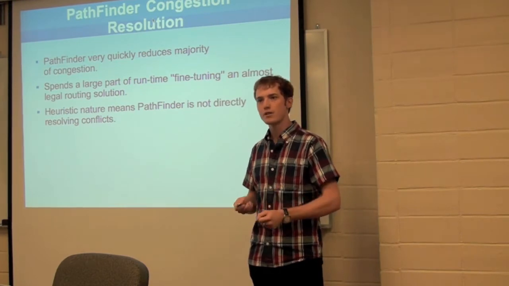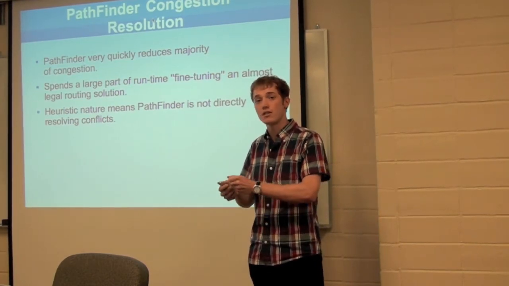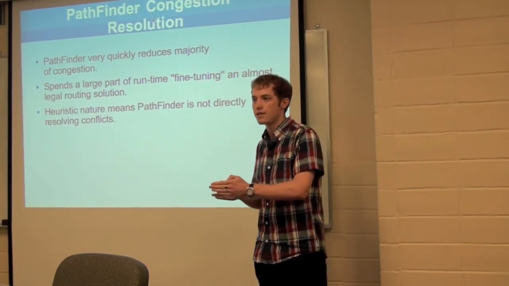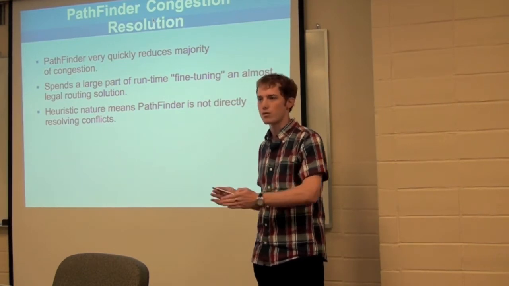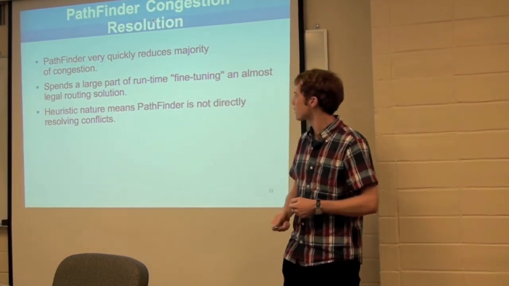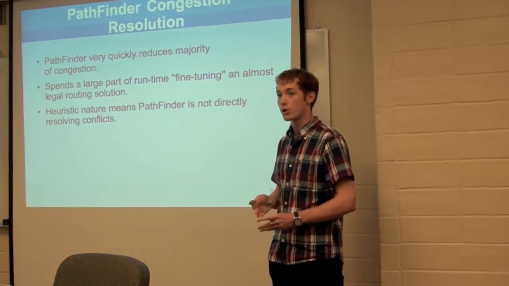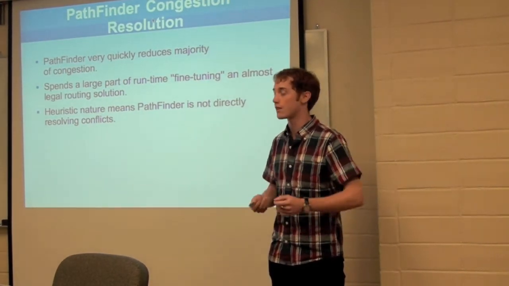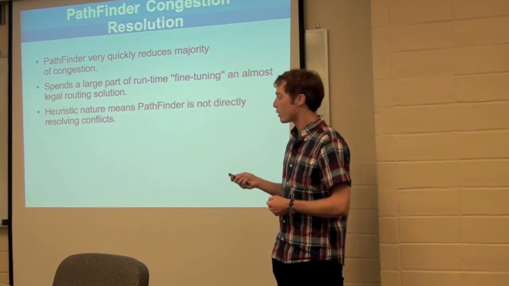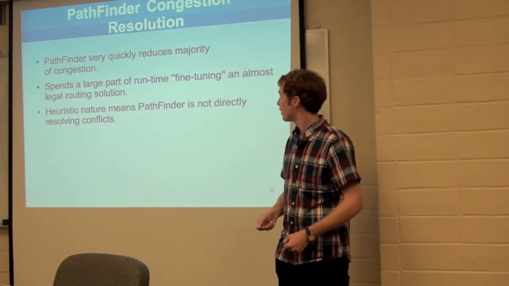But PathFinder spends some time trying to increase costs until the costs are just right so that this is the case. One signal uses this routing resource, one doesn't. And so there's this kind of indirect way that it tackles these conflicts, which works well for when there's a lot of signals, but when there's a few, we might be able to do something a bit better.